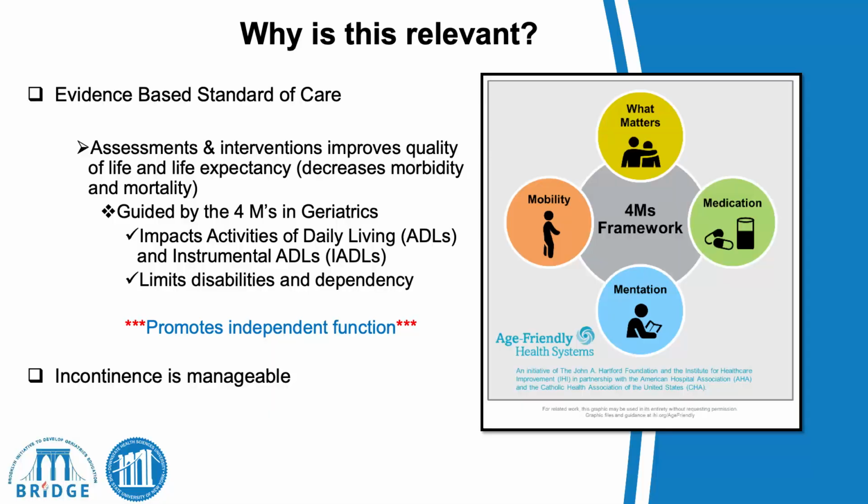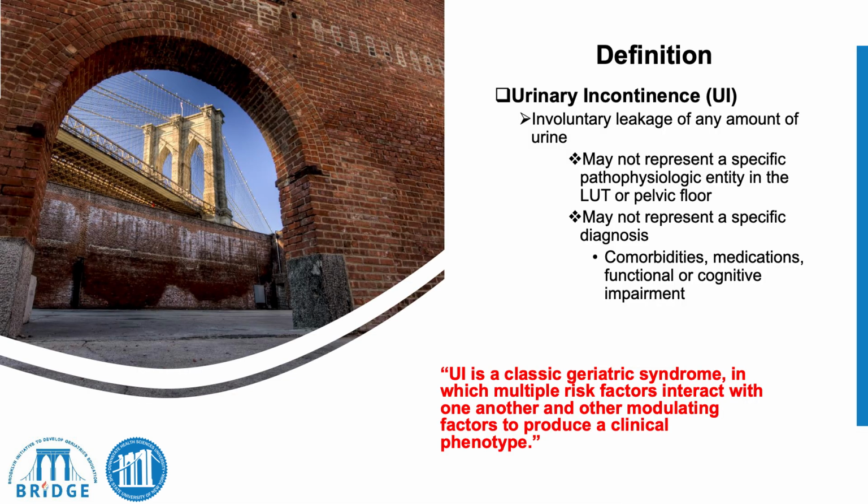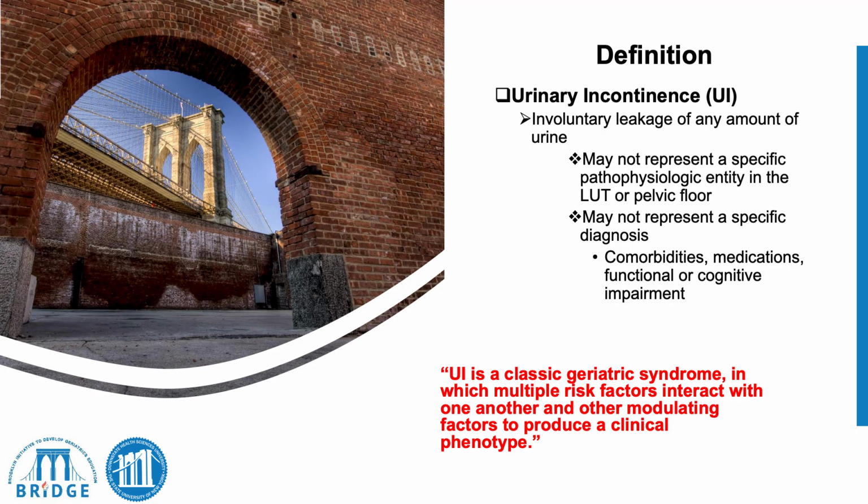This is also relevant because incontinence is manageable. Our interventions and assessments can treat urinary incontinence, so it's relevant. It's preventable also. What's the definition of urinary incontinence? Urinary incontinence is involuntary leakage of any amount of urine. Now, this is important because urinary incontinence in the older adult may not represent a specific pathophysiologic entity.